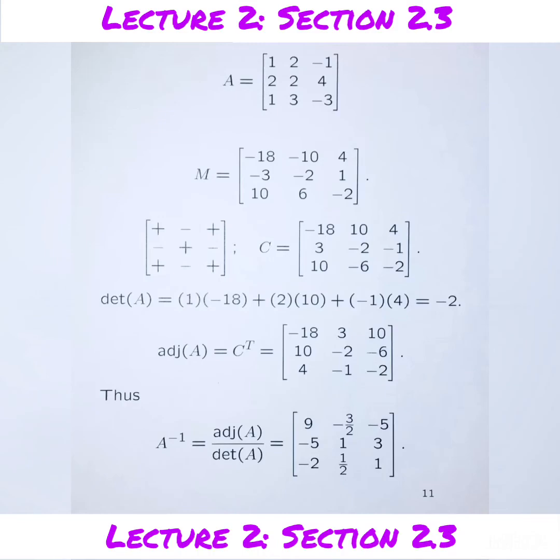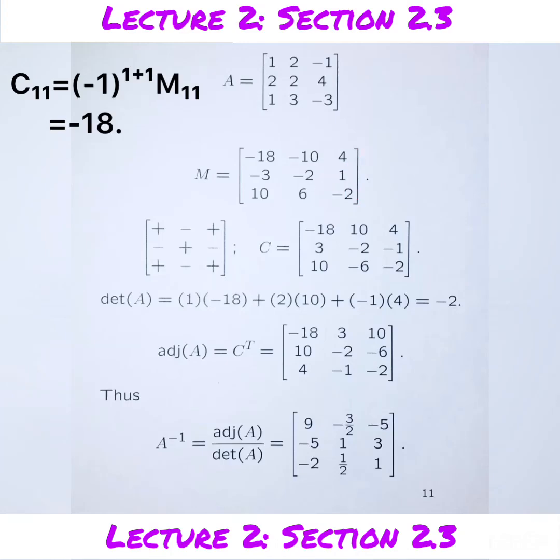Alright, so let's move on to calculating the matrix C. The matrix C comprises the cofactors. We start off by calculating the entry in the first row and first column. That's given by C11, which is minus 1 squared times M11, which you already calculated, and that's minus 18.